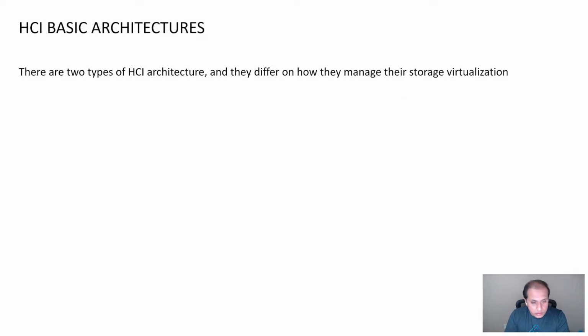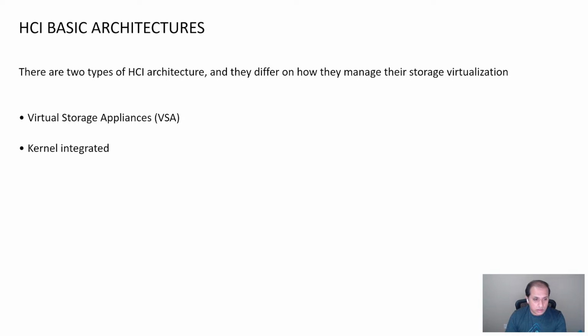So when it comes to HCI, there are two basic architectures out there right now from different vendors, and they differ mainly on the storage virtualization. The two architectures are the virtual storage appliances, and the kernel integrated type of architecture.